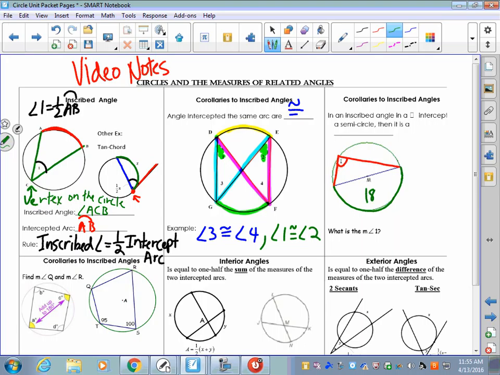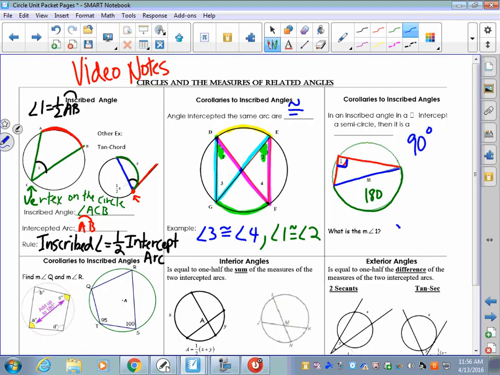It's half a circle, right? So it's 180. Well, what's half of 180? Exactly, 90. So every time the intercepted arc is a semicircle, the inscribed angle is half of that, half of 180 is 90. So this will always form a right triangle.